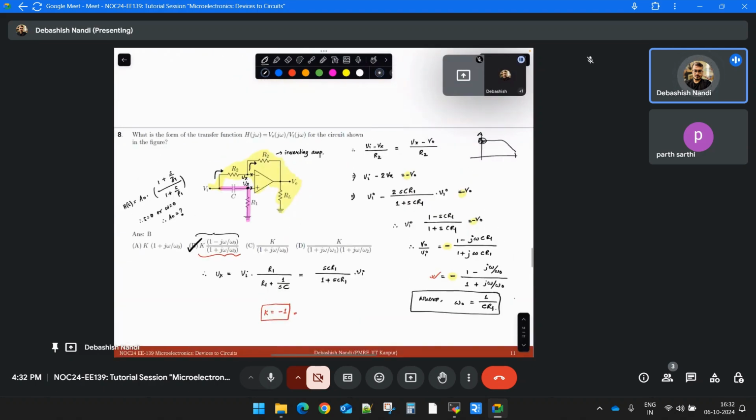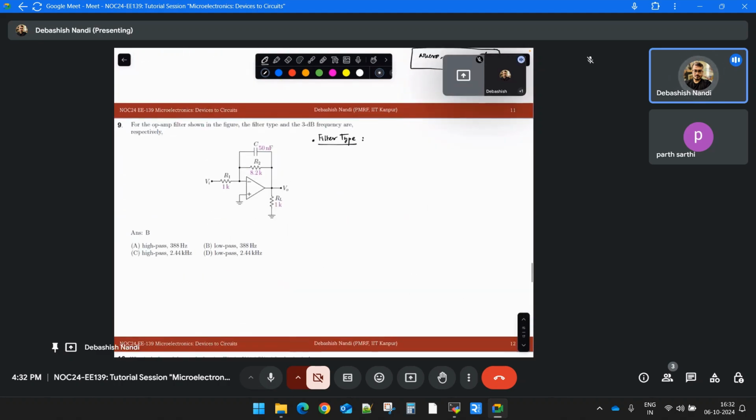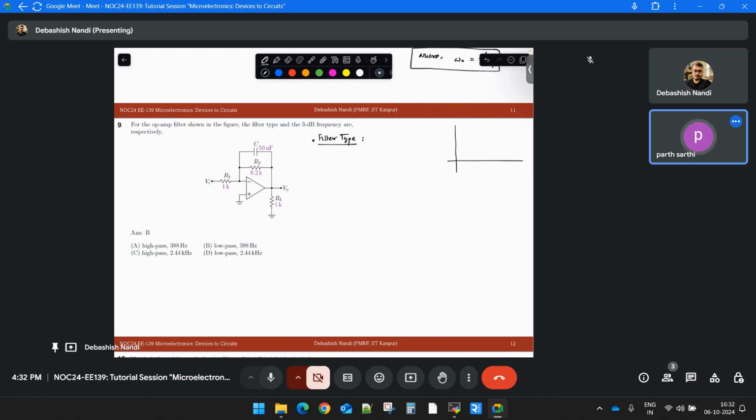So this was the last thing we have discussed. Now, what is the filter type? Can you tell me immediately by looking at the filter? How do we check that? No, no, we need to just check the transfer function, right? Assume at zero frequency how it behaves, at high frequency how it behaves.